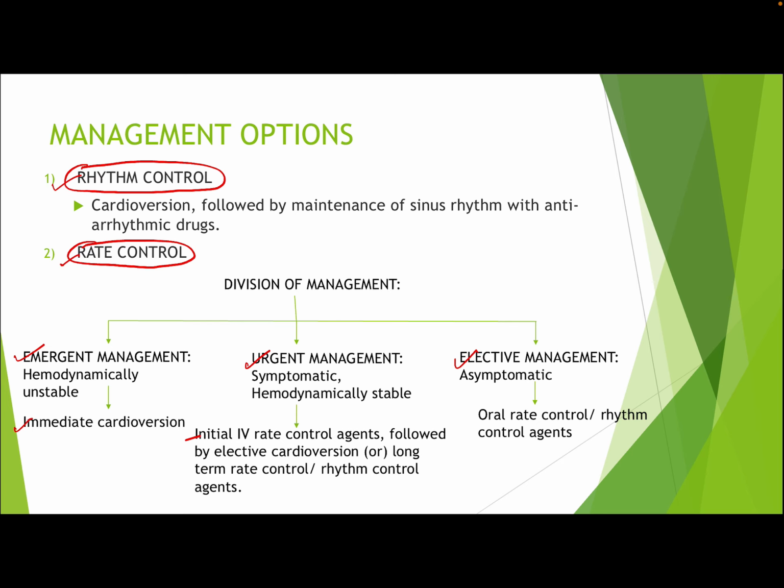That will be followed either by an elective cardioversion, or you can go for long term control either with a rate control strategy or a rhythm control strategy. Whereas for an elective management, we just put them on oral drugs, again, it could either be rate control strategy or rhythm control strategy. So the details of all this will be dealt with in the next few slides.